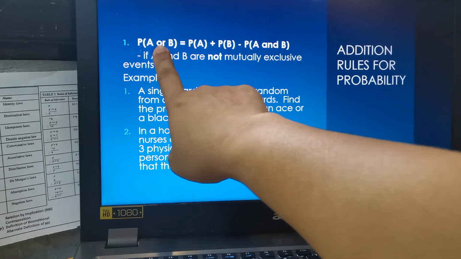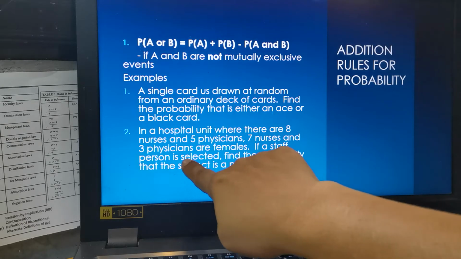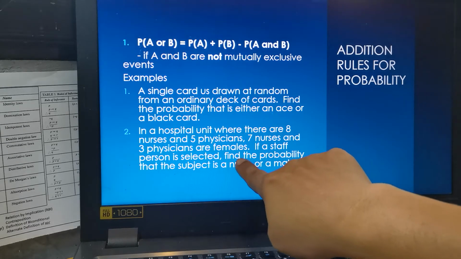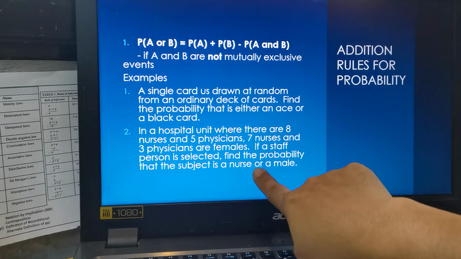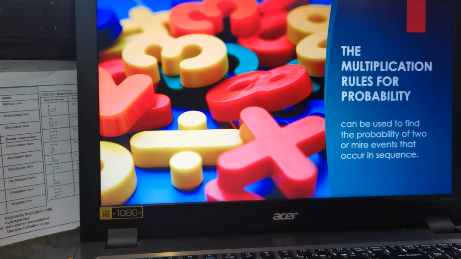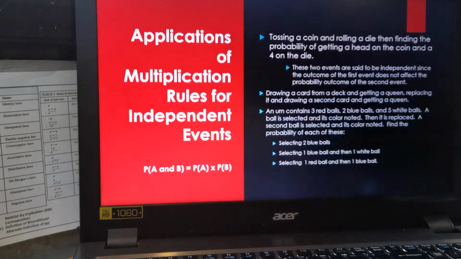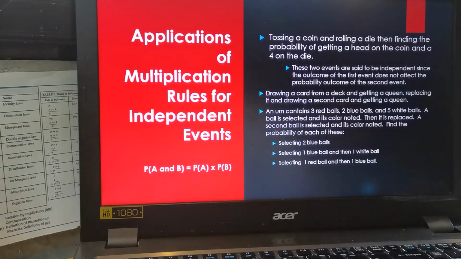Kapag or yung nakalagay doon, ibig sabihin addition. Ayan, find the probability that the subject is a nurse or. So, kapag or yung nandyan, addition siya. Pero kapag and yung nandyan, multiplication siya. O, ganun na lang. Kapag or, addition. Kapag and, multiplication. Okay? So, I hope that is clear.